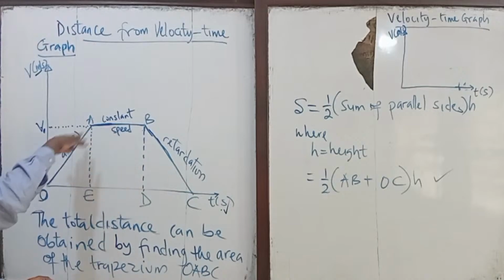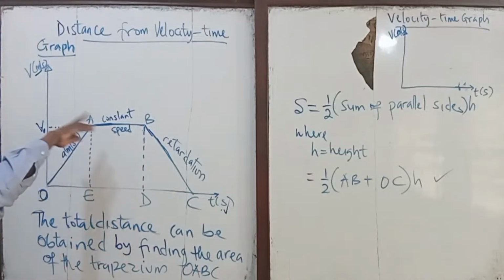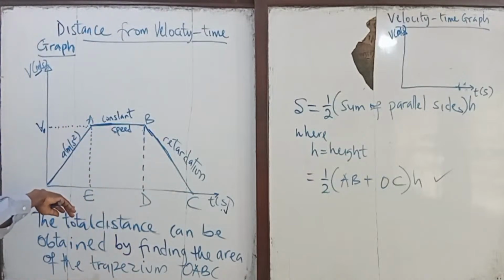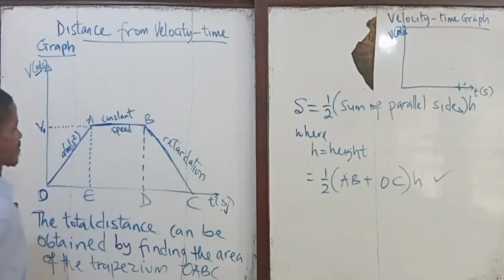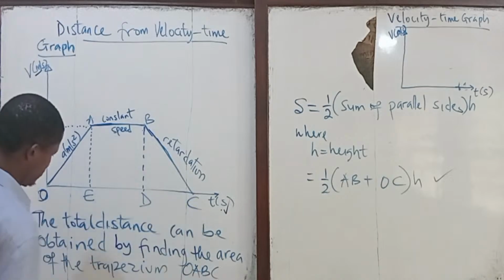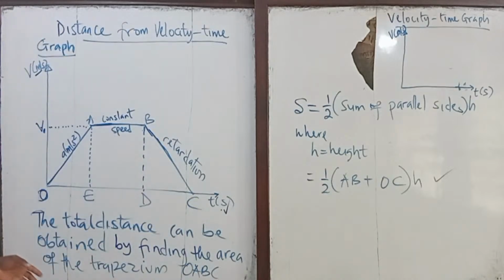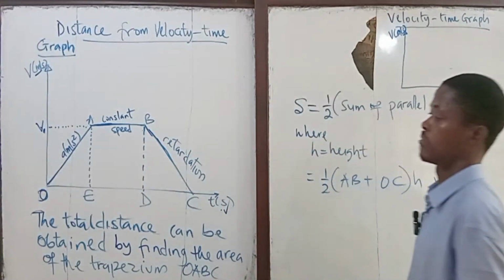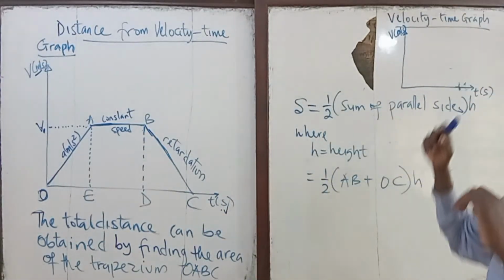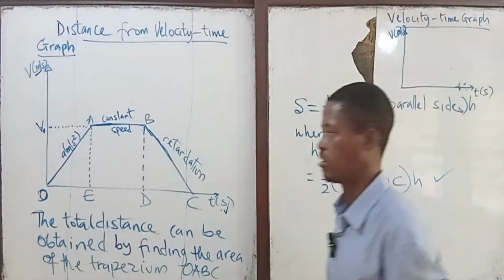If you see this geometry, this is a trapezium OABC.